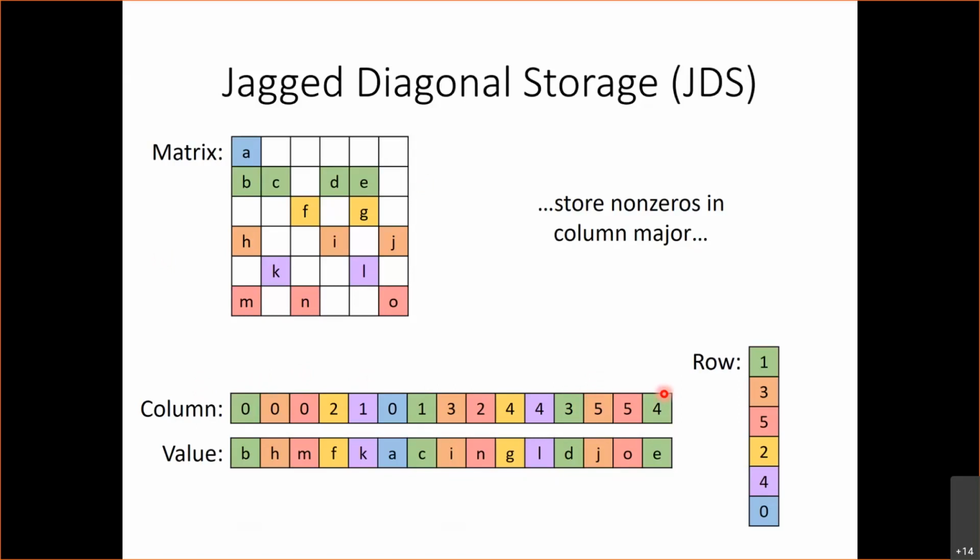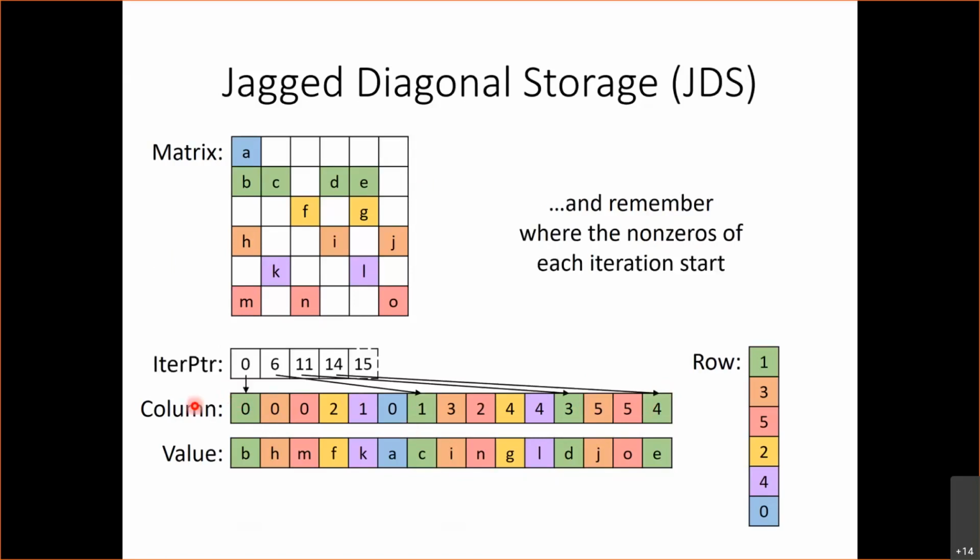Okay, so how does a thread know how many elements it needs to jump? Well, we are going to need some kind of array to tell us where the beginning of the non-zeros for each iteration is. I'm going to call this the iteration pointer array. It has many different names.